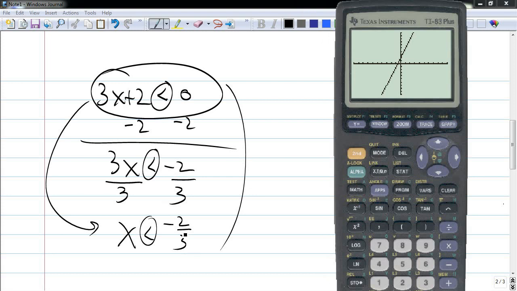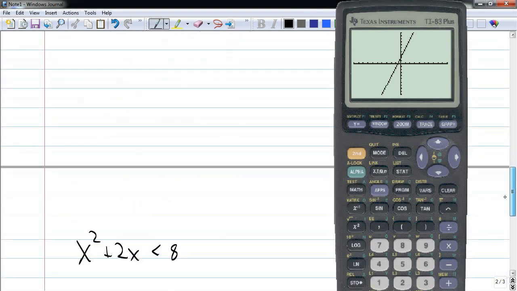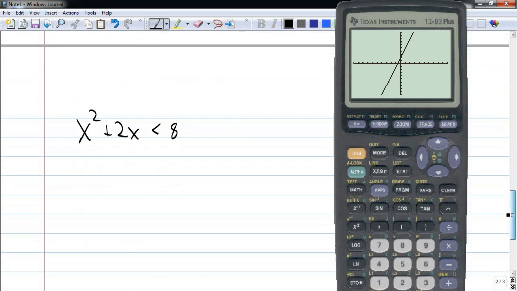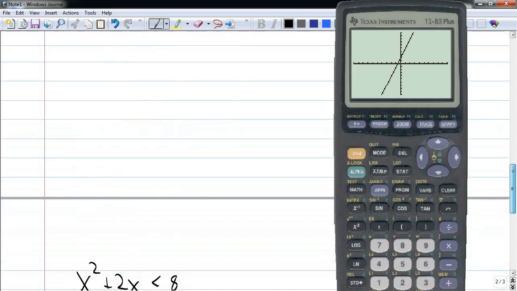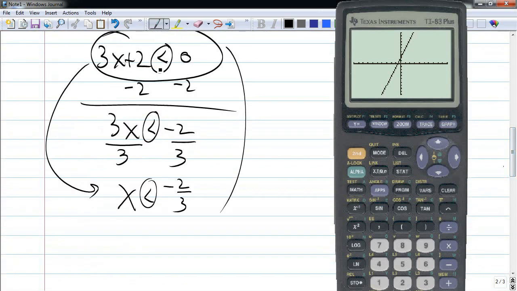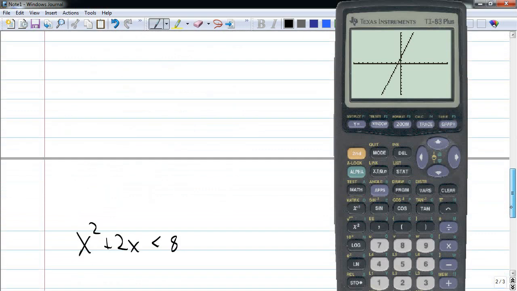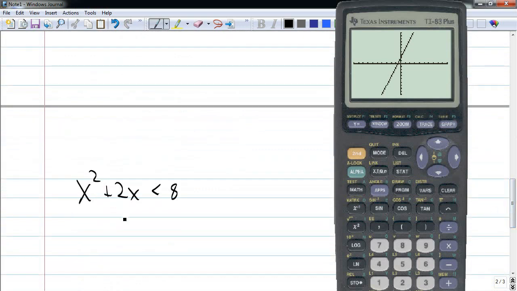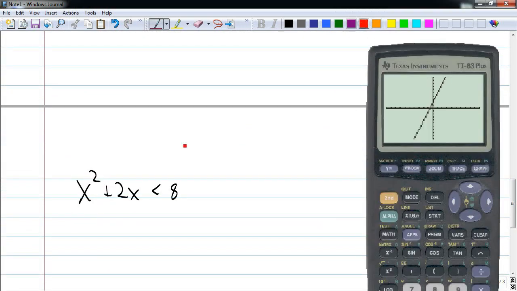And I bring that up because when we look at a quadratic, it's a slightly different story. Now, our first impulse that we inherit from this kind of a problem is still a good one. Pretend that this is an equation and solve it.